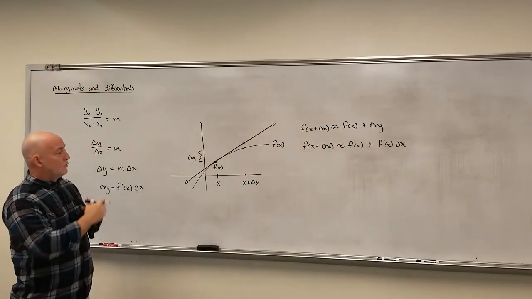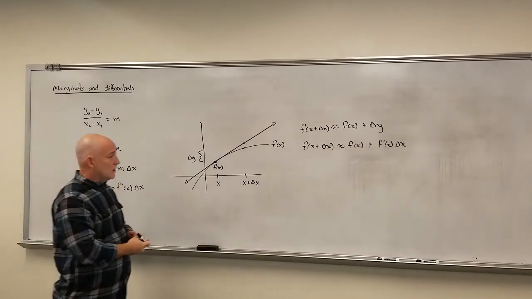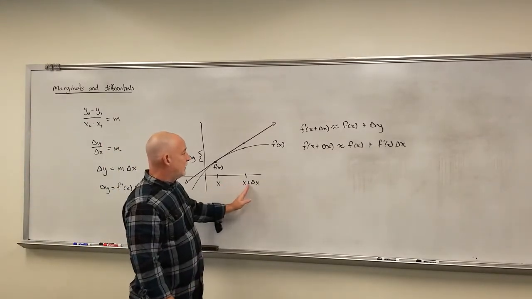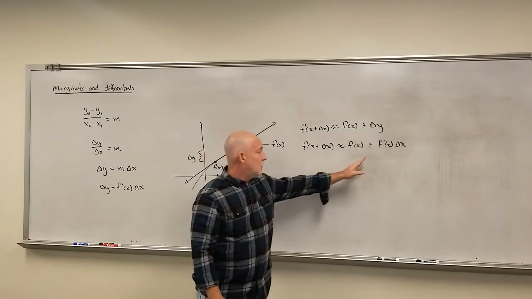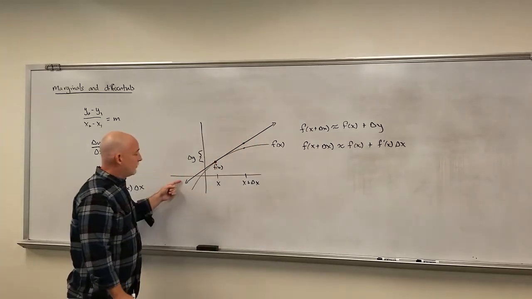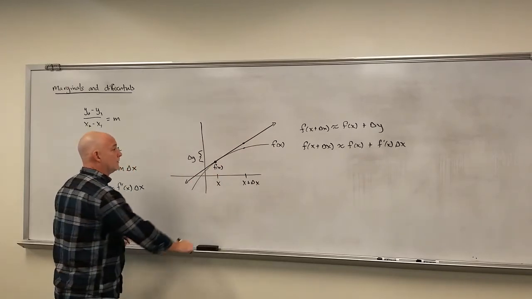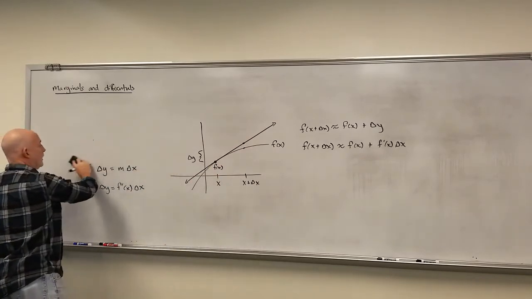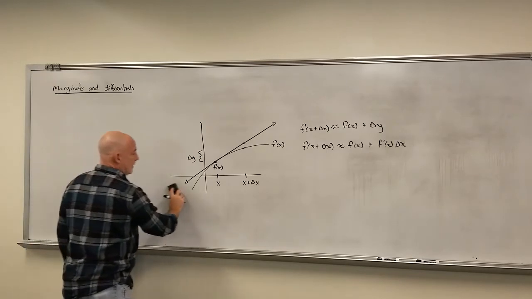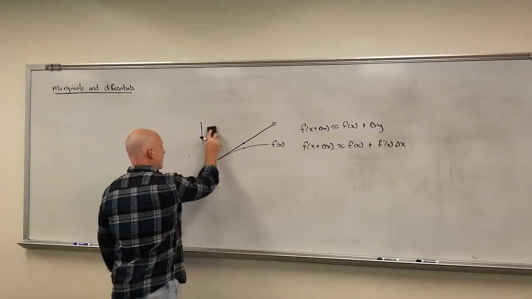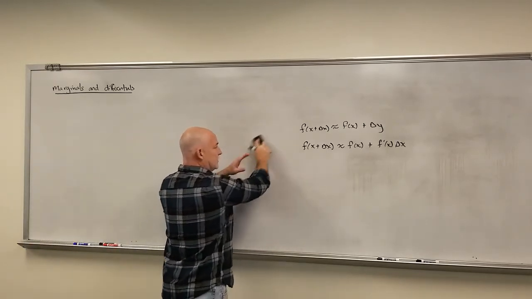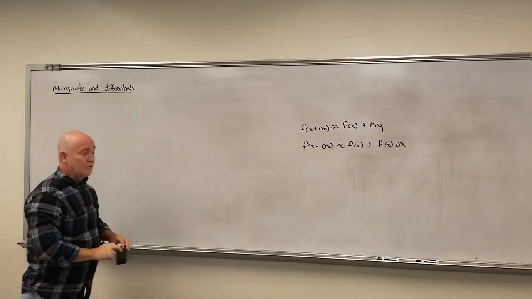Okay, so if we're looking for just a small change here, we're saying if we move over just a little bit, then we can approximate that using our slope, because the slope of the tangent line is generally going to be fairly close as long as we don't move too far away. All right, so another way to think about this is a new way to take a derivative, and we'll see how we can use this idea in a second to approximate some functions.